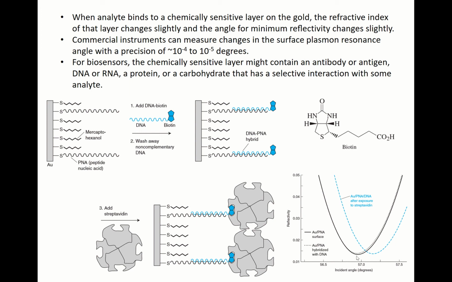By a lot I mean a very small angle. Look at that: this angle is just less than 57 degrees, and this one is just more than 57 degrees. This small angle difference can be precisely detected. So by monitoring this surface plasmon resonance response, you have information on the surface.